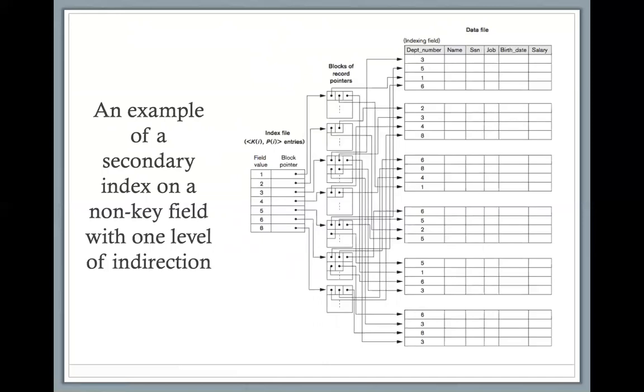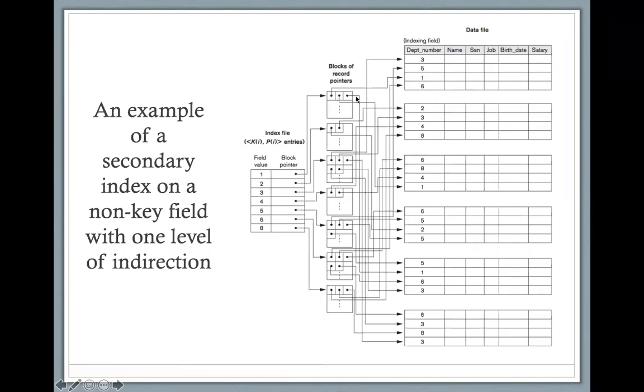Okay. So here is one way of creating the index. I create a top level index which contains the unique values for department numbers. So I have 1, 2, 3, 4, 5, 6, 8, and then a block pointer to a block of pointers. And that contains record pointers to the records that have this value. So here's 1, I have a pointer that points to this block of pointers, and this points to all the records that contain the value 1.